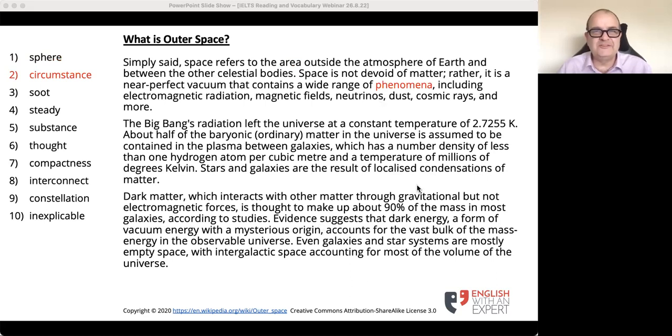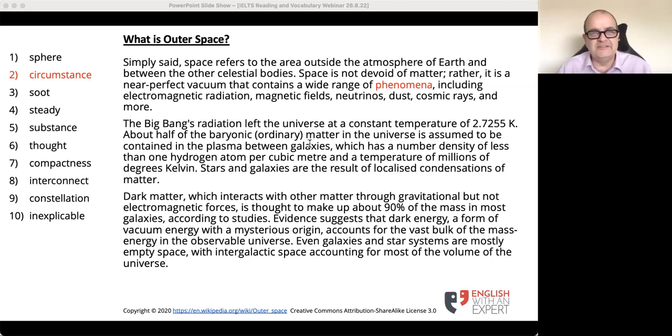Now, I'm just going to paste the meaning of that in the chat box because people use this in the IELTS test all the time. The meaning of phenomena is this: it's a fact or an event in nature or society, especially one that is not fully understood. So it's something that we don't really understand. An example sentence: we were hoping science could somehow explain this strange phenomenon.